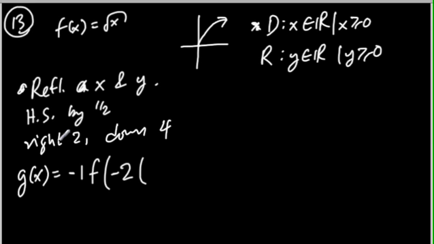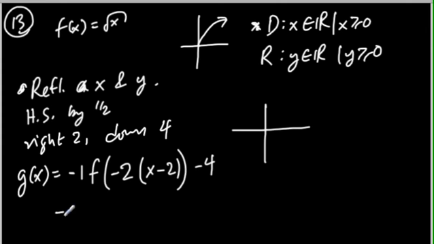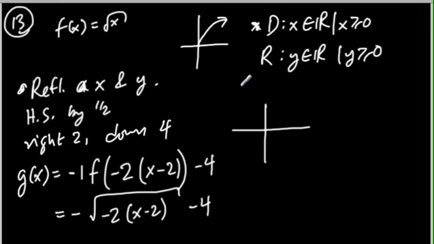And it says to the right by 2, so it's x minus 2. You have to be really careful inside the function. And then down 4, so it's negative 4. So what does this look like? It'll be negative square root, because this goes into the argument there, so negative square root of negative 2 times x minus 2, minus 4.